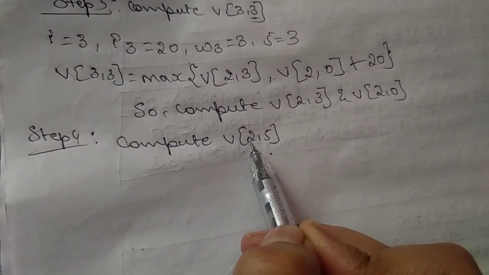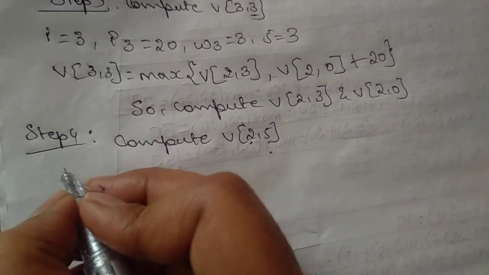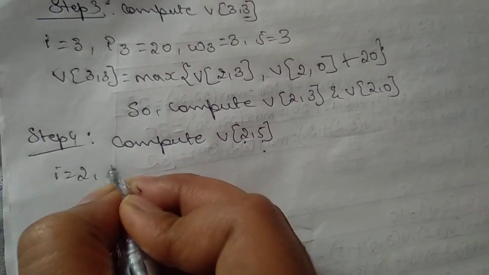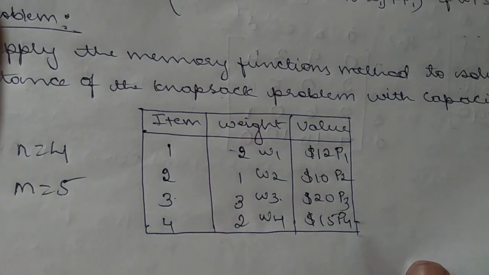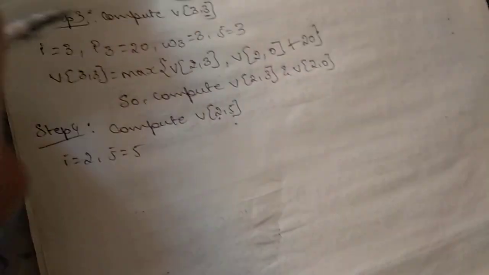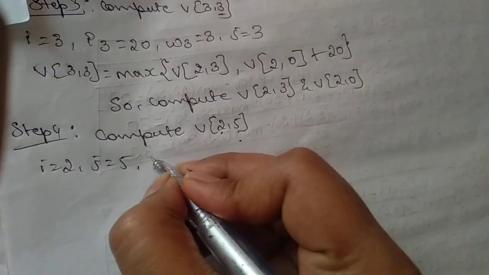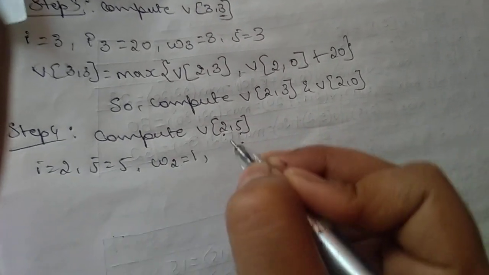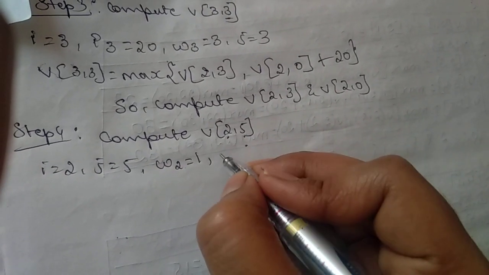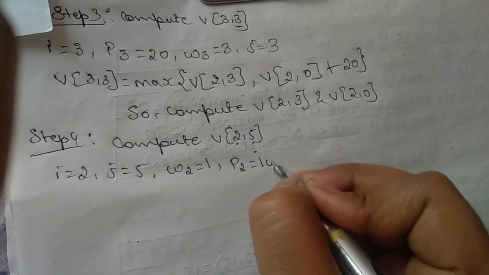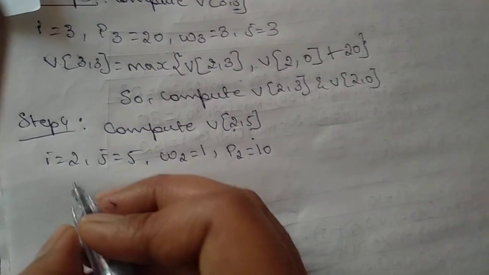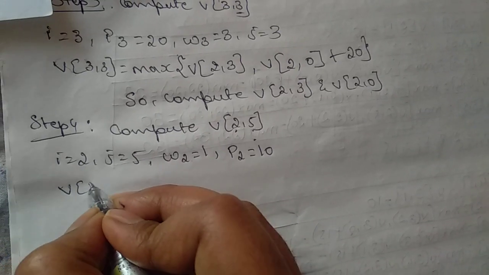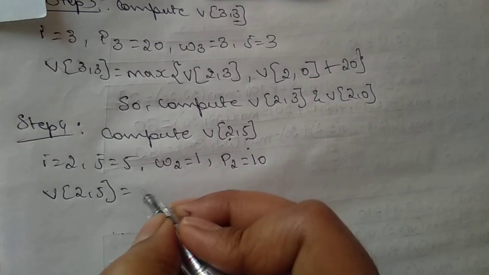2 comma 5 means I value is 2, J value is 5. I is equals to 2 means W2 is equals to 1, P2 is equals to 10. Here again W is less than J. So V of 2 comma 5 is equals to max.